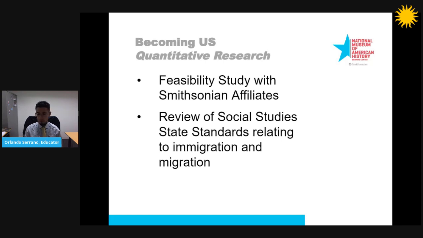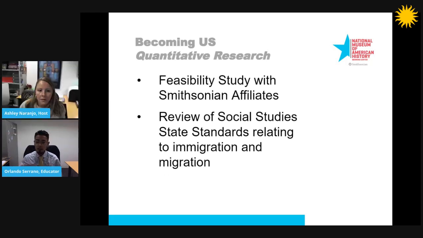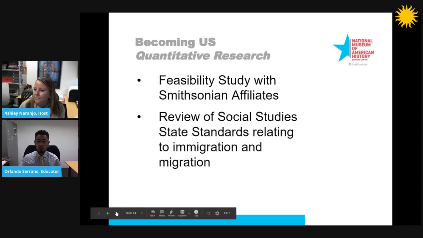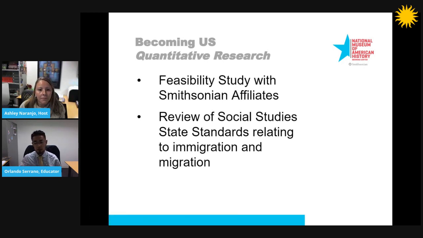And they were great colleagues and coworkers, and they helped us in this review of social studies state standards relating to immigration and migration. And the quantitative study that we did there was really to figure out, when we look at the curriculum across all 50 states, what topics, what themes related to immigration or migration come up or get taught, and at what frequency does that occur?